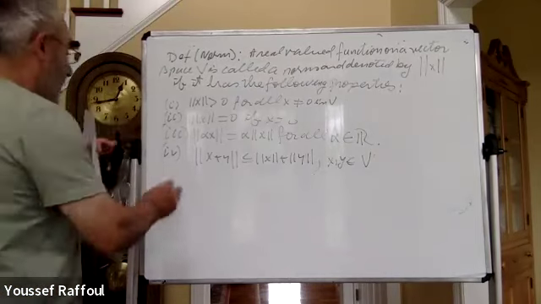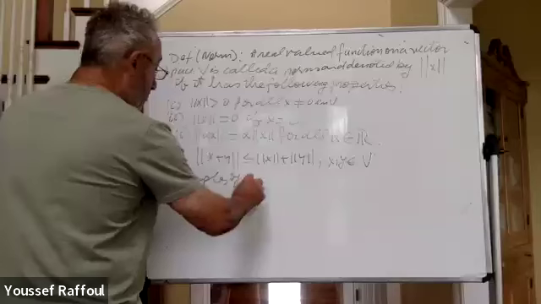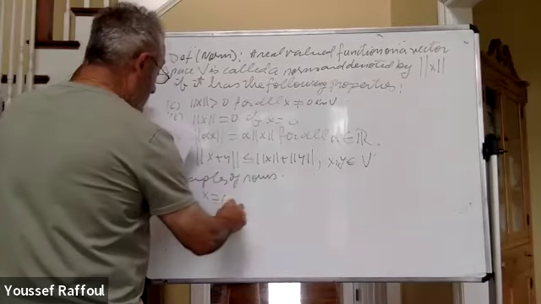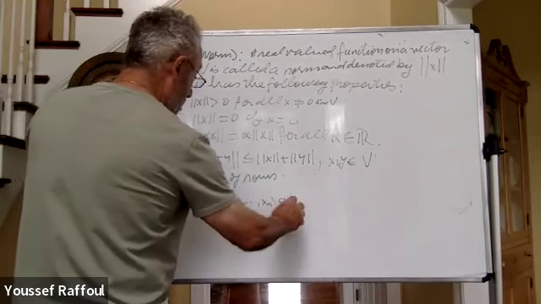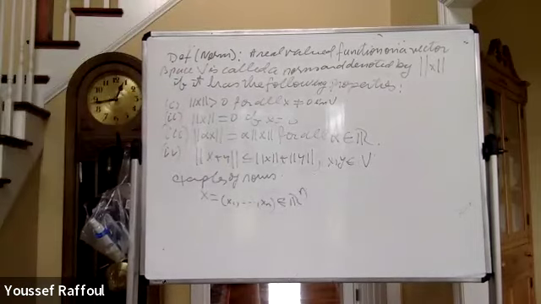So this is the definition of a norm. And here are examples of norms. Let's say x is (x_1 to x_n). This belongs to R^n. Okay?